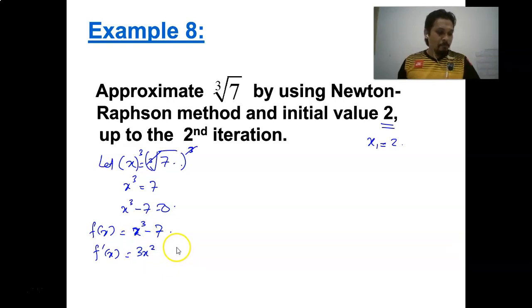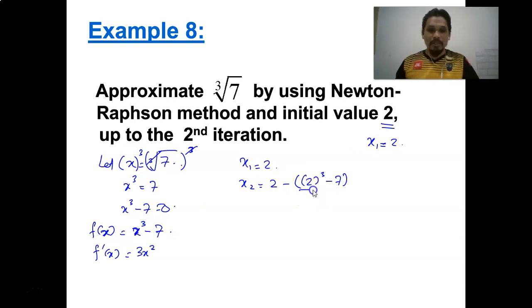With f(x) and f prime x, let x1 equal 2. So x2 equals 2 minus f(x), where x equals 2 first, so 2 cubed minus 7 divided by f prime x, 3 times 2 squared.